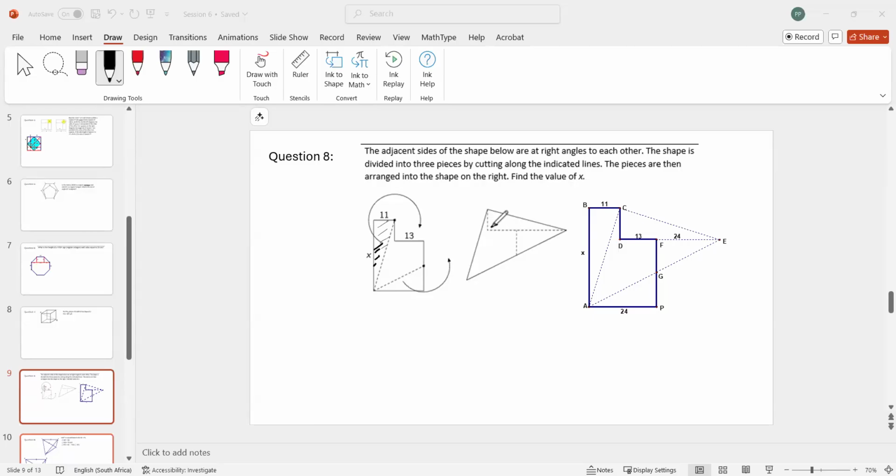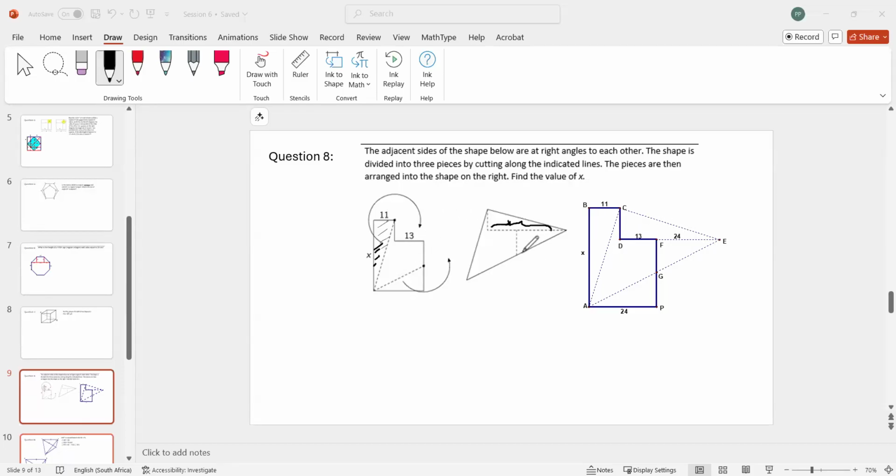So this part here is x. And this is 11 here. I see. The 11 is still here. So there it is. This is cut out and put there, right? There it is. It fits in exactly into this.